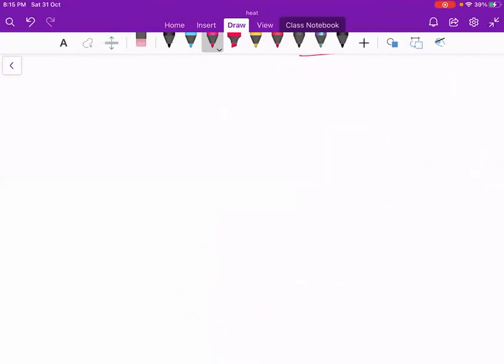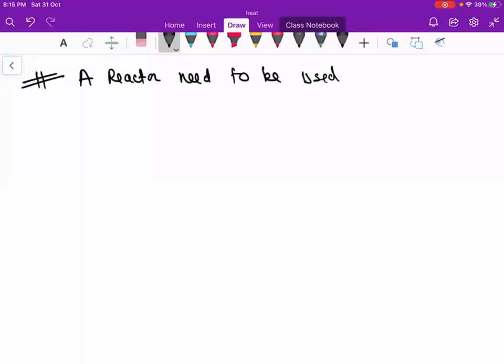Okay, so we will end with the last question. We will solve one question, then we will end. Write the question. A reactor needs to be used with a corrosion resistance lining.